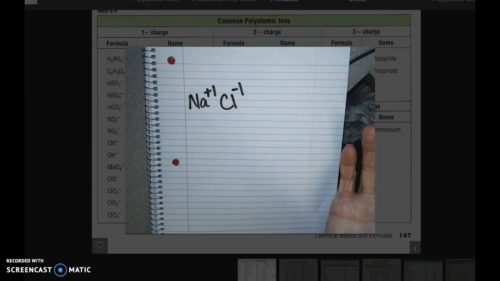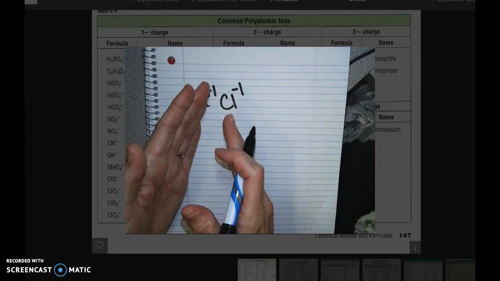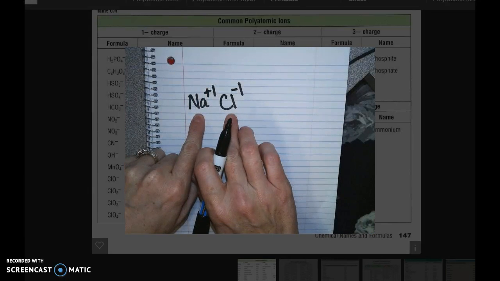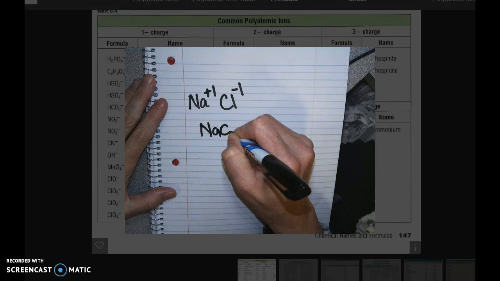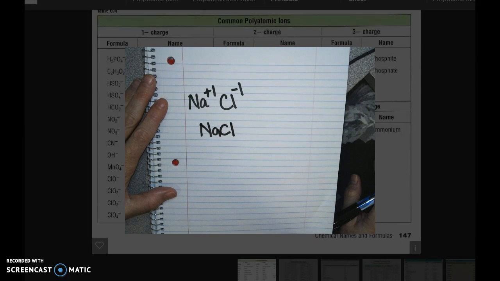And so they balance. It's a 1-to-1 ratio, 1 sodium to every 1 chlorine. So we end up with a compound that's written sodium chloride, NaCl. So that's super easy.